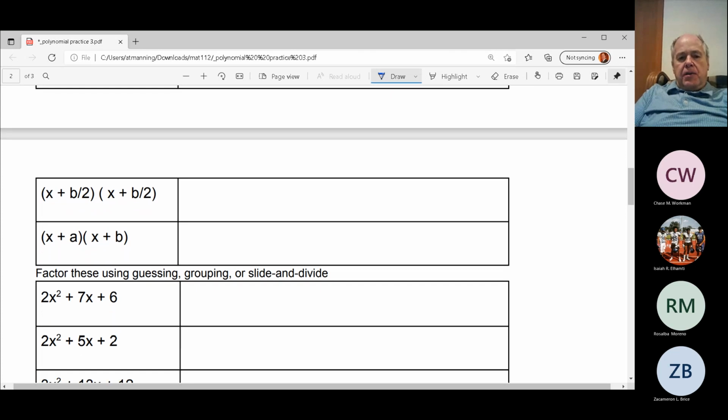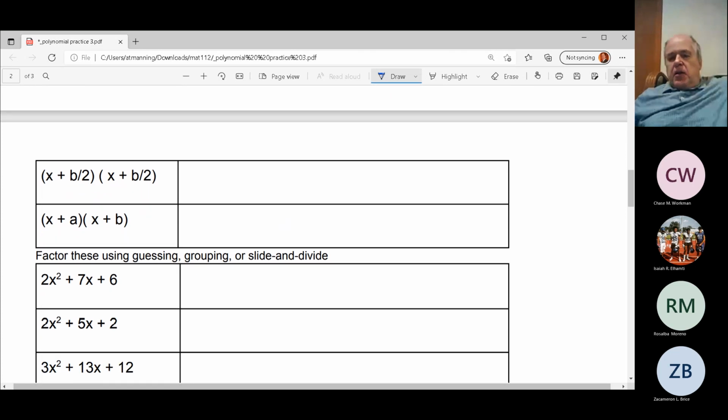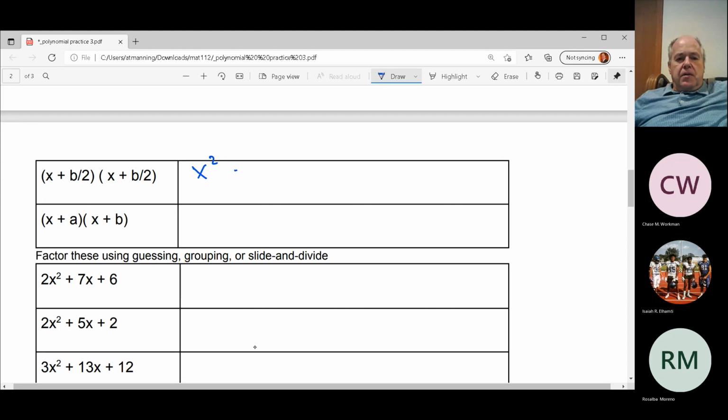Now here's what I'm throwing in here because it's going to be coming in when we look at the quadratic equation. Let's multiply these out. That becomes x squared, that's the first, x times x, plus outside x times b over 2, plus another b over 2 times x, plus b squared over 4.